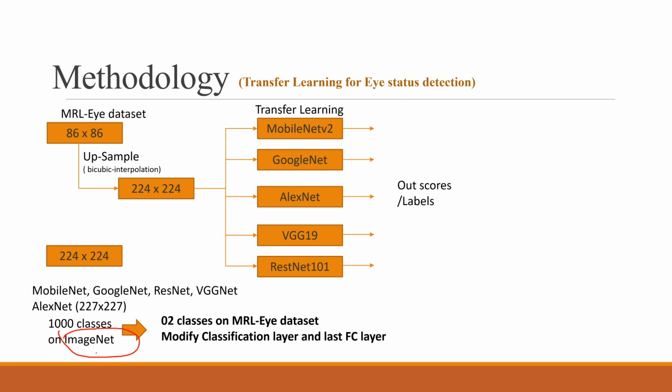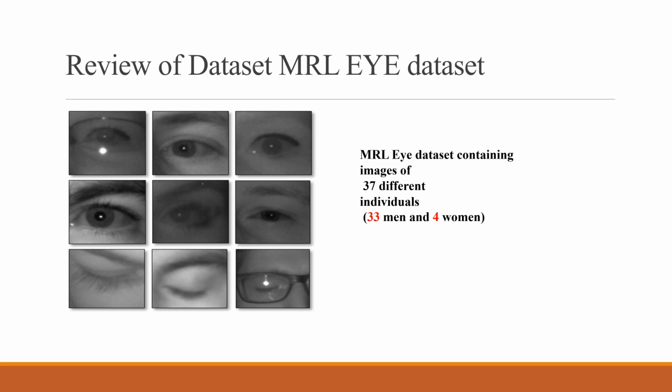In ImageNet, there were thousands and thousands of images for at least 1,000 classes, almost 130 GB of data. MobileNet, GoogleNet, and AlexNet have already been trained on 1,000 classes. In this video we want to classify two statuses; let me show you the images: eye images that are open and eye images that are closed.